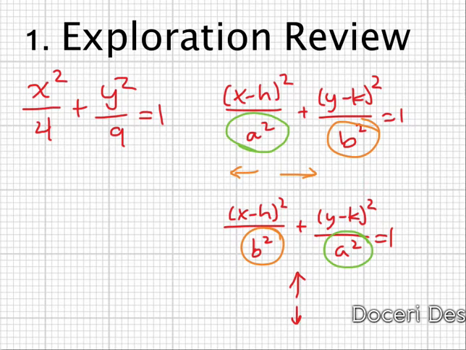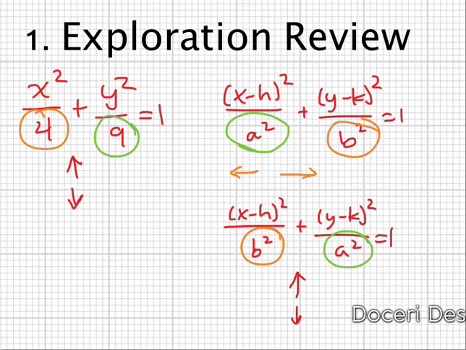So if we keep that in mind, we can automatically tell which direction the ellipse x squared over 4 plus y squared over 9 equal to 1 is going to go. Because I have a 9 here and a 4 here, that means my ellipse goes up and down.